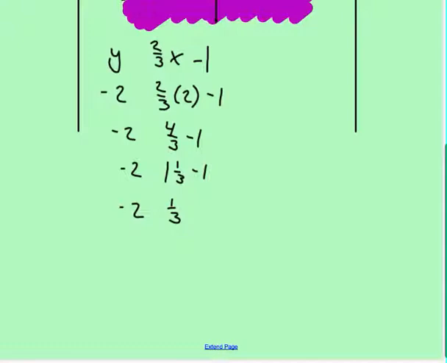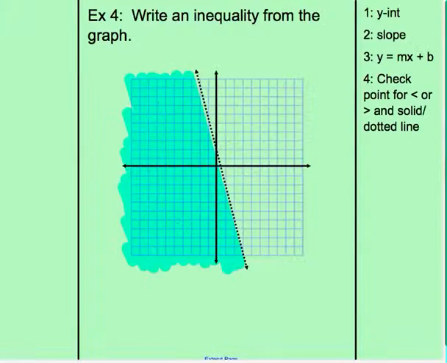Well, in this case, -2 is less than, and we talked about the "or equal to" because our line was solid instead of dotted. So our inequality for our graph is y is less than or equal to 2/3 x minus 1. Let's look at one more example.